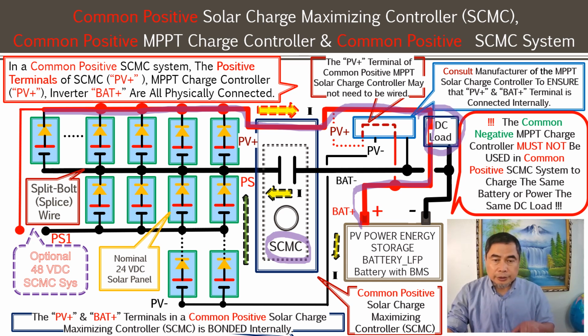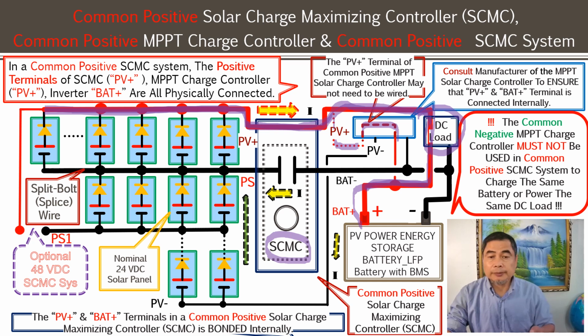And internally, the MPPT solar charge controller is connected, and then you do not need to connect that. You could still connect it, but you may not have any current going through it as long as you have a sufficient cable size here to conduct the total current.